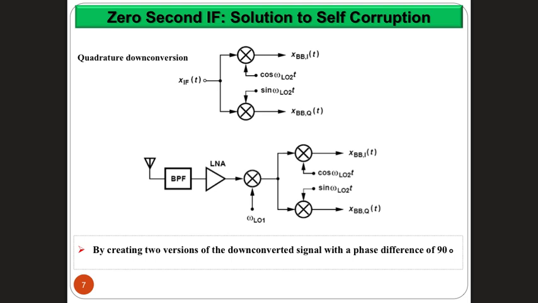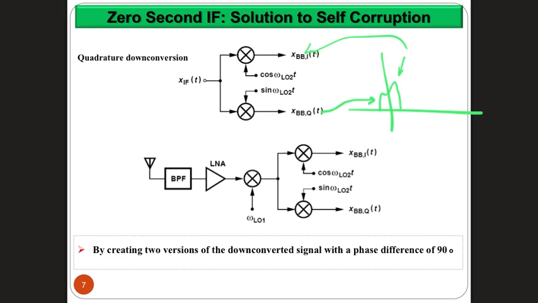If you do it mathematically, it's effectively as if you are getting this component from this branch, and the other component comes from the other branch.